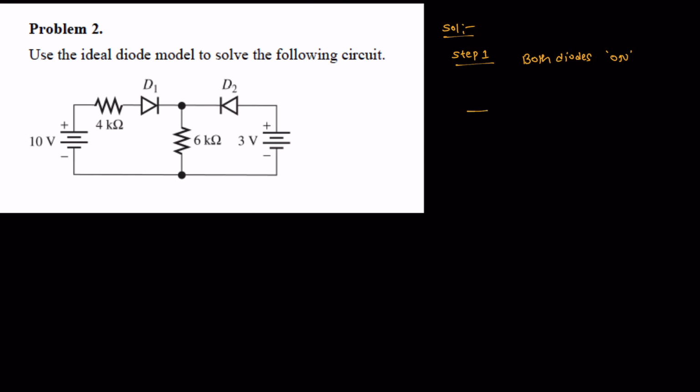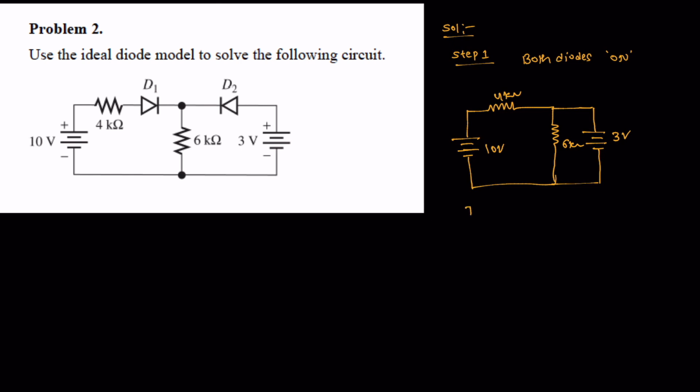So let's draw the equivalent circuit directly. Both the diodes are short circuited, and here a 10 volt voltage source is connected like this, here a 4 kilo ohm resistor, and here a 6 kilo ohm resistor, and here it is 3 volts. Clearly we can see that 3 volts directly appears across the 6 kilo ohm resistor.